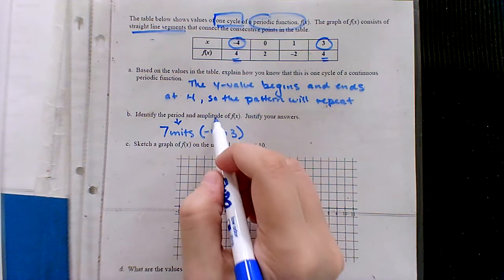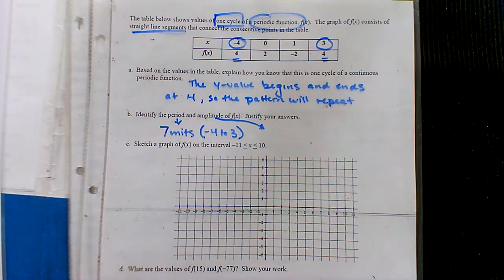What about the amplitude? The height measured from the baseline. Can we first figure out where the baseline might be located? Where the middle of your graph is?